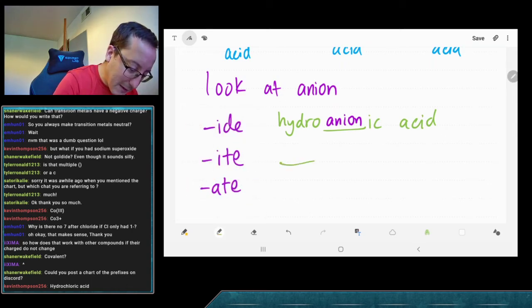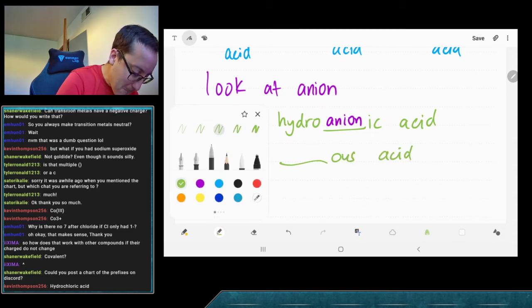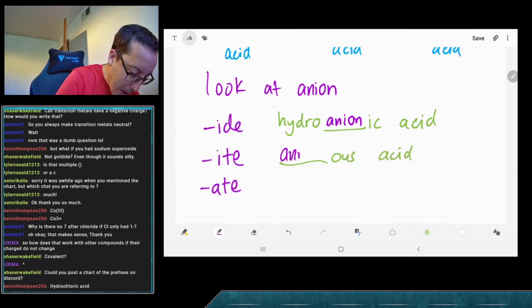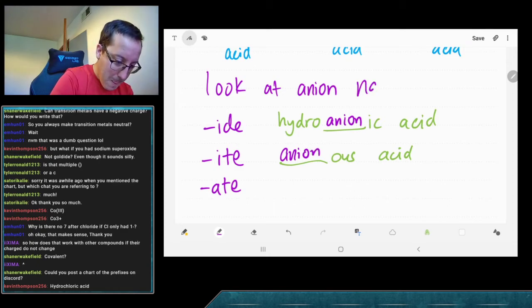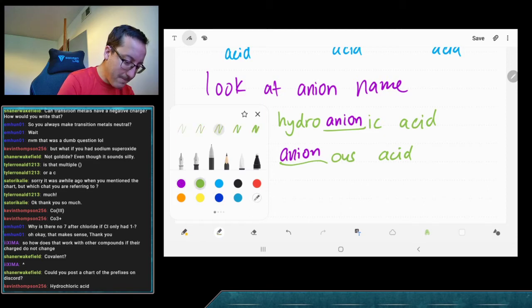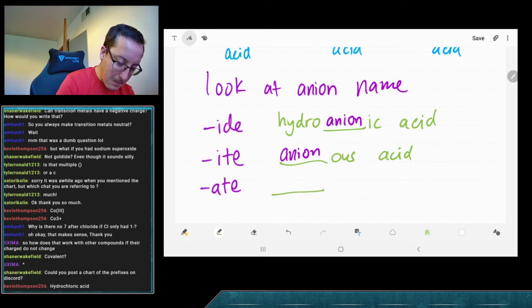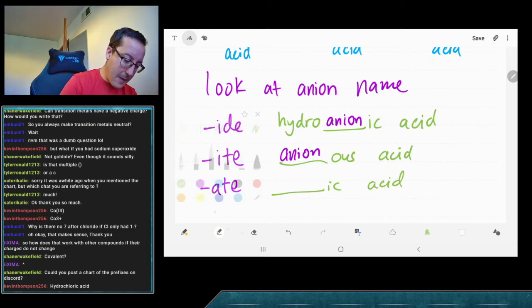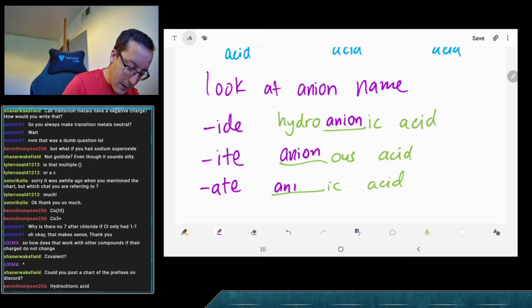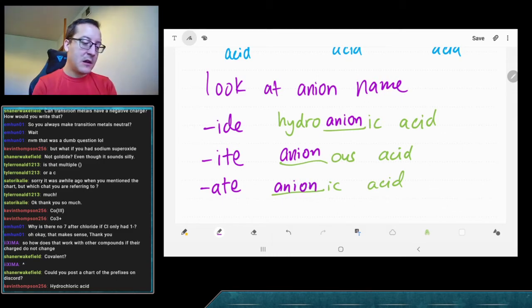With this, it's just the anion name, "ous acid," and then the last one will be just the anion, so it will just be "ic acid."